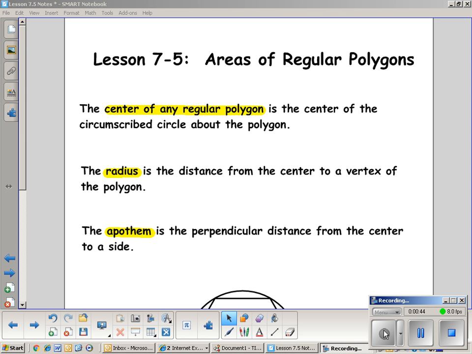It can have as many. Okay. What's the least it can have? Three. What's the most it can have? Unlimited, right? Now, at some point, it starts to look like a circle, though, doesn't it?